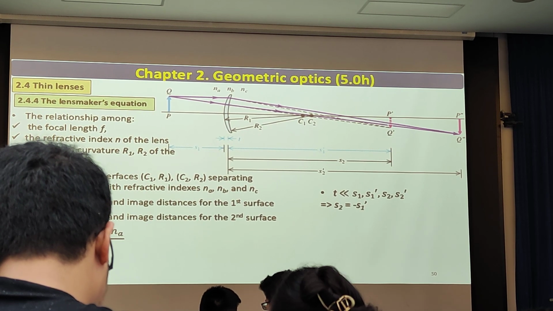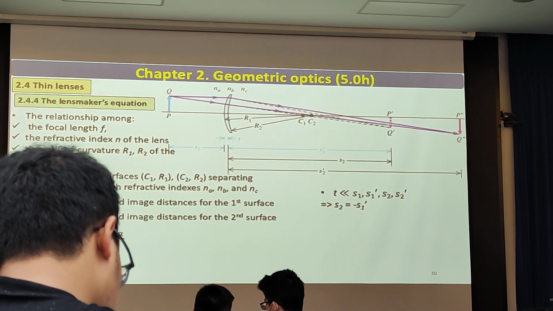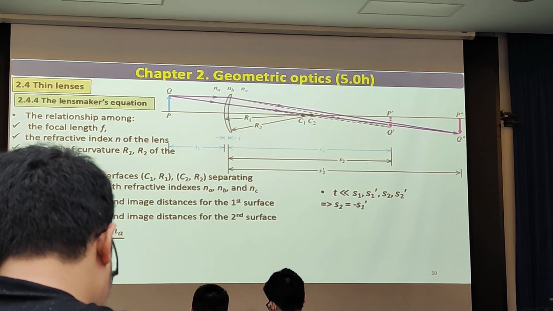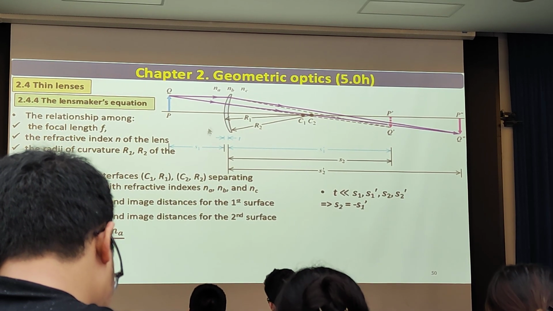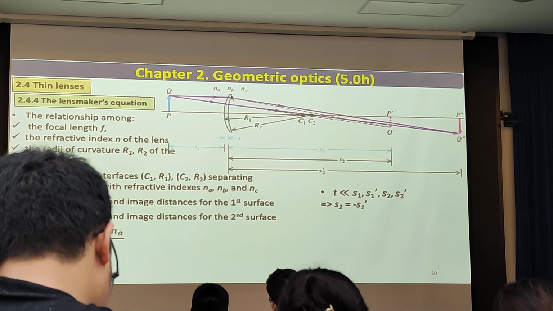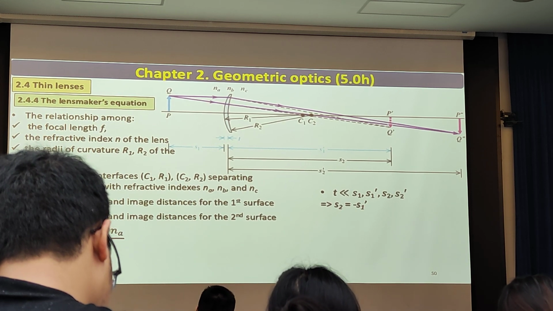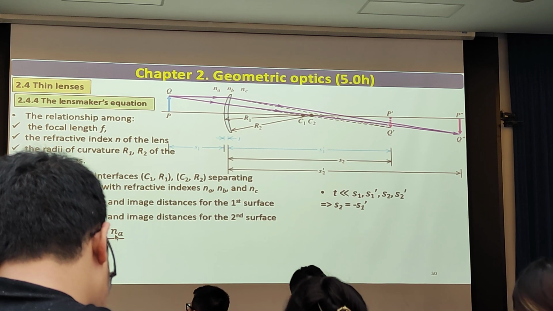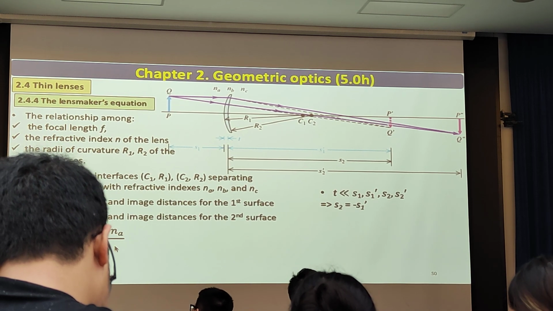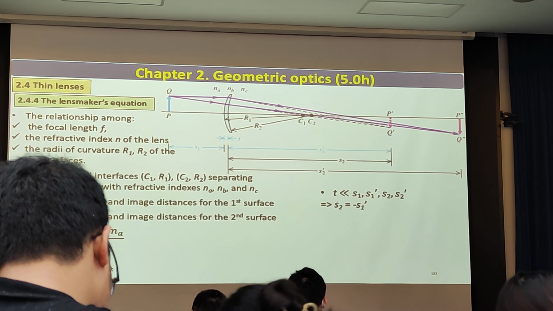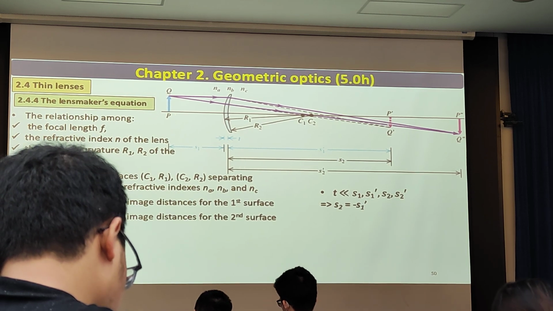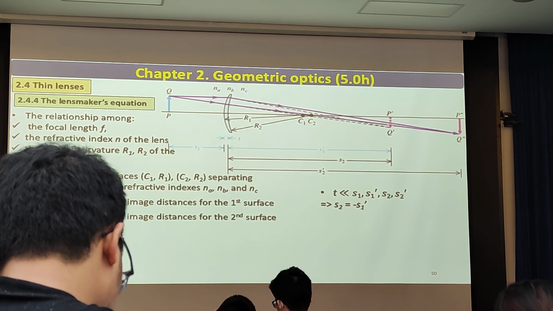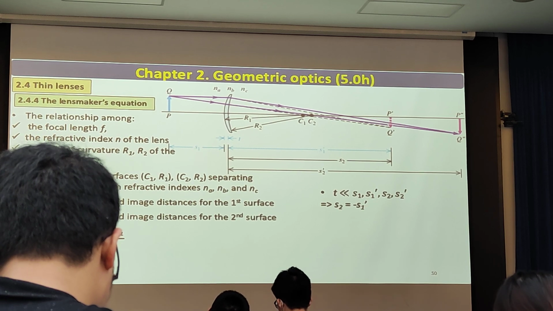So you use this relationship for the first material. S1 prime is in the material Nb. So you get Na over S1 plus Nb over S1 prime equals Nb minus Na over R1. This is the formula we found for the spherical refracting surface, for the couple of materials Na and Nb.